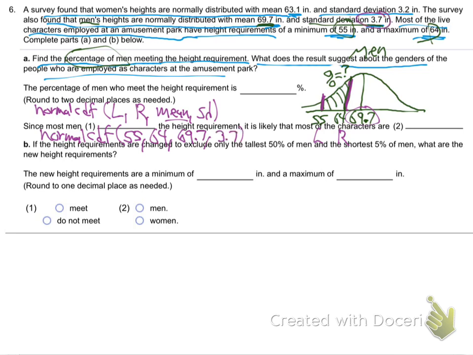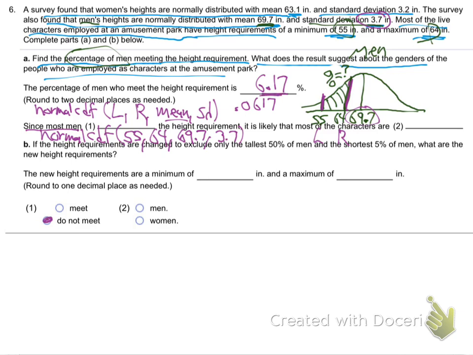Hit the buttons on your calculator, and you'll get 0.0617, which changed to a percentage becomes 6.17%. Since most men do not meet, right?